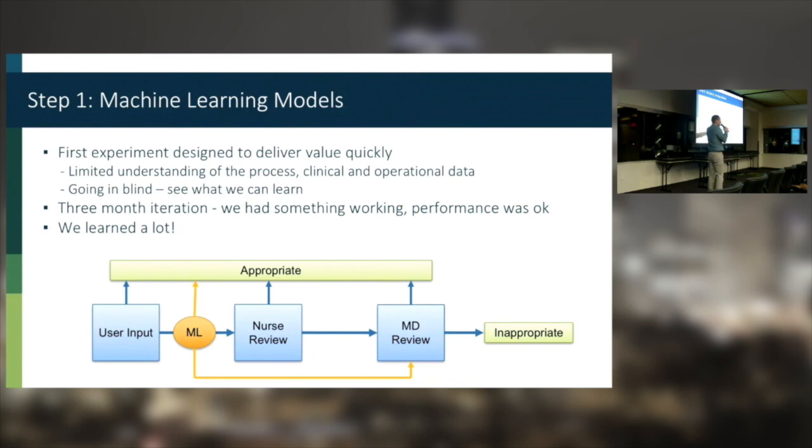Daniel will describe the exact details, but we added machine learning models at this step between the user input and the nurse, and we said, you know what? Maybe the machine learning can prevent cases from getting to the nurse and say, that case is highly likely to be denied by a physician, so it should skip the nurse. Or that case looks really good.